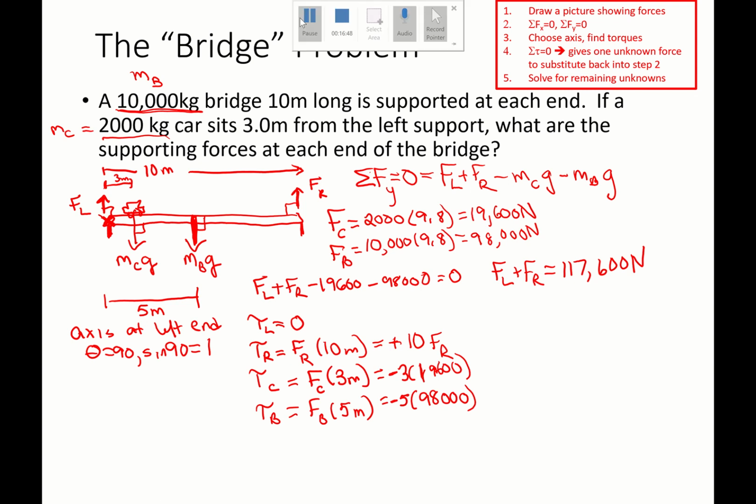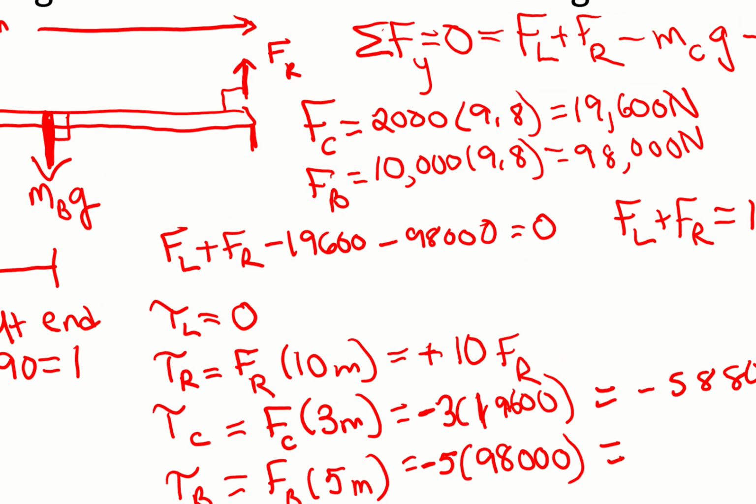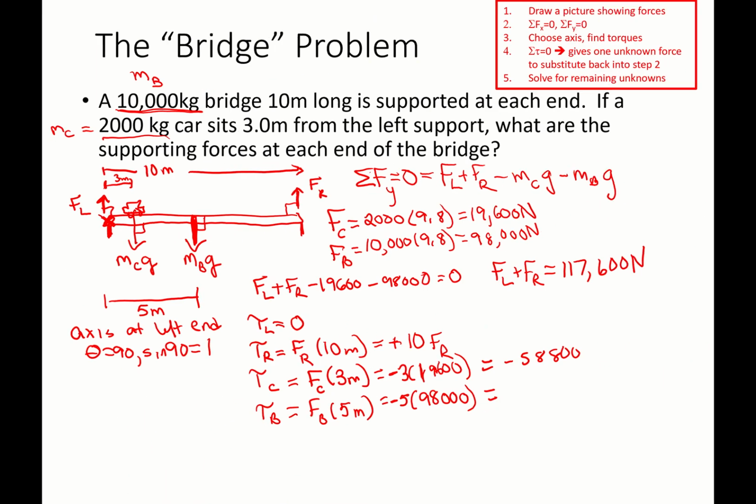All right, so next thing we have to do is to put in the numbers. I can throw that in the calculator if I want, and then add up those torques and set it equal to 0. So what do I have? I've got minus 58,800, and I've got minus 490,000 Newton meters.